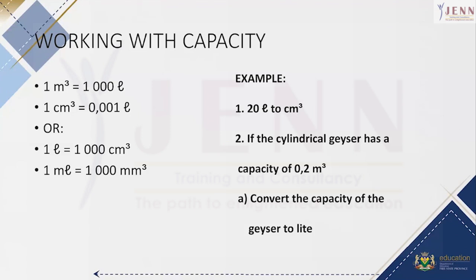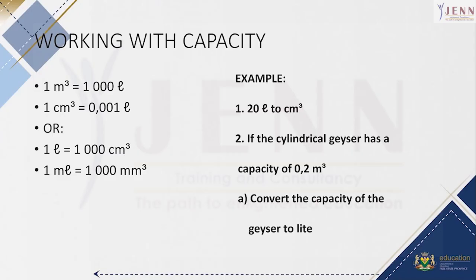I know most of the time we'll advise our learners to convert before doing the calculations, but sometimes it doesn't work because they will be asked to convert a volume in cubic centimeter, maybe to cubic meters. So 1 cubic meter is equal to 1,000 liters, and 1 cubic centimeter is equal to 0.01 liter, or you can even use 1 liter is equal to 1,000 cubic centimeters.